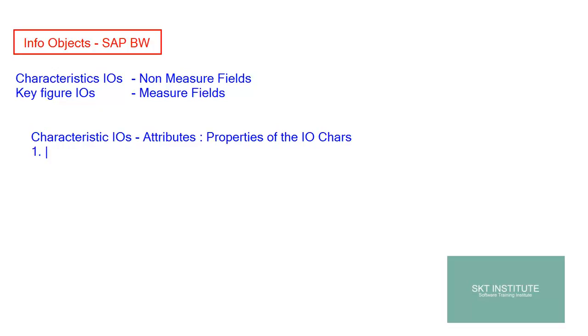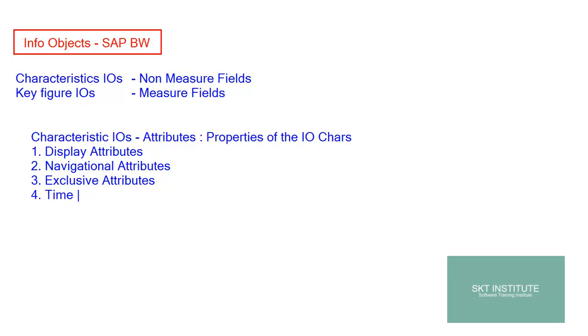One is display attributes. Two is navigation attribute. Three is exclusive attributes. Four is time dependent navigation attributes.